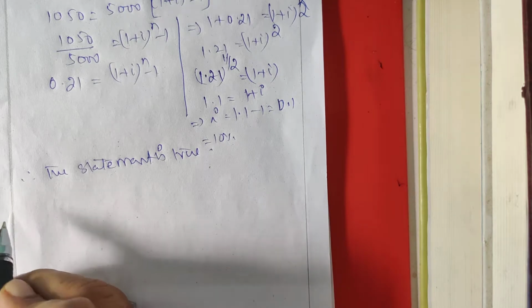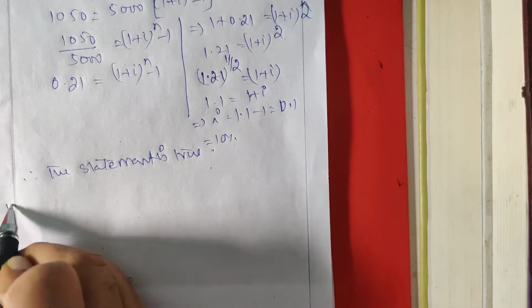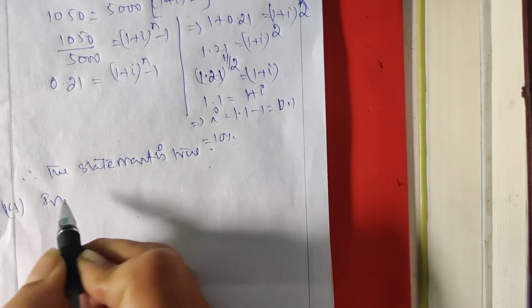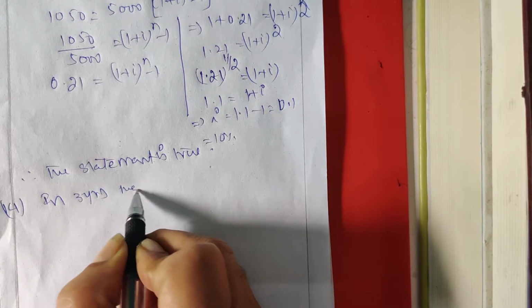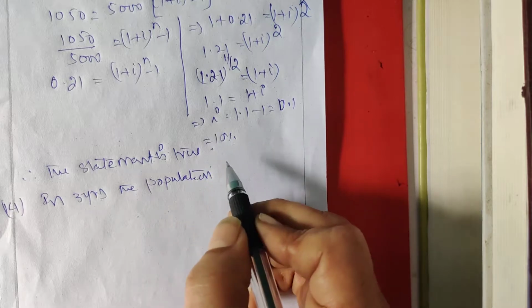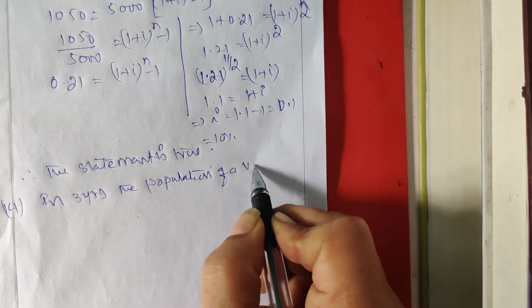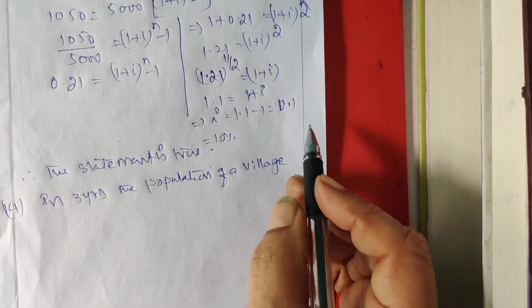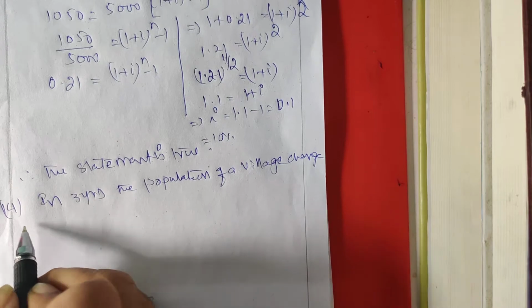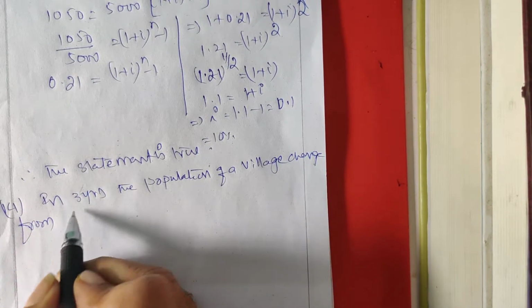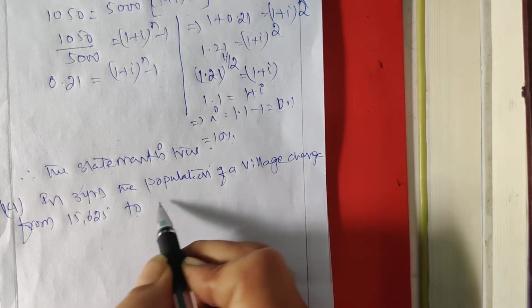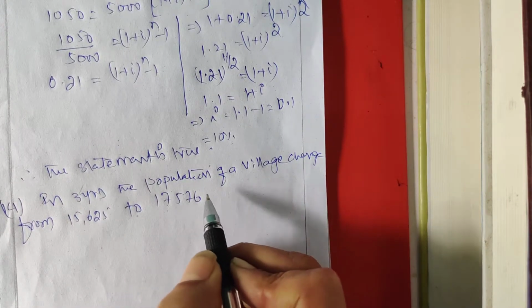Next, this is question number 14. In 3 years, the population of a village changed from 15,625 to 17,576.